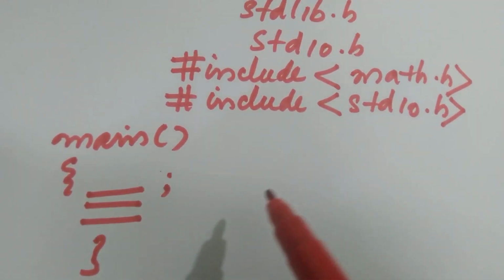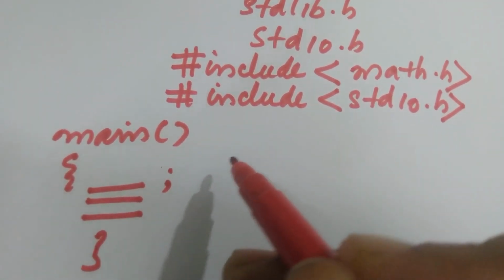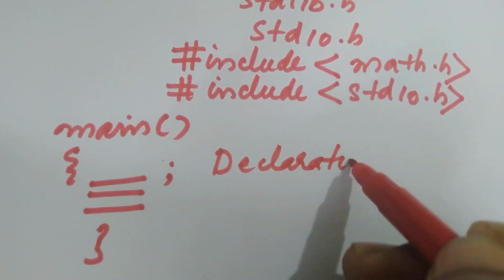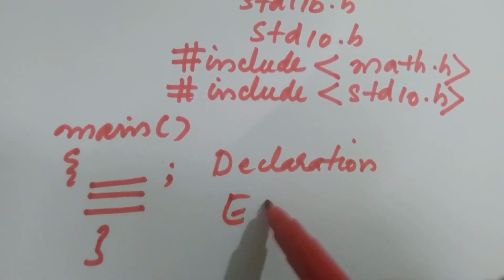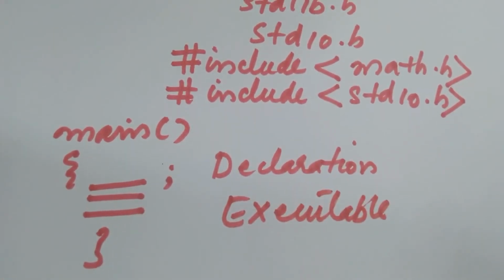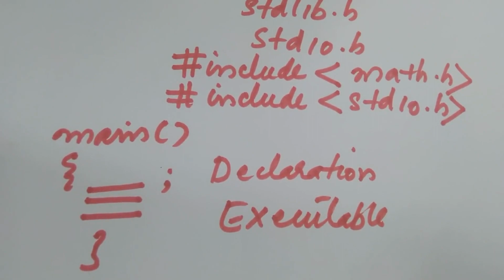And we have already seen that the main function is divided into two parts, declaration part and executable part. So first of all, we have to see what is declaration.